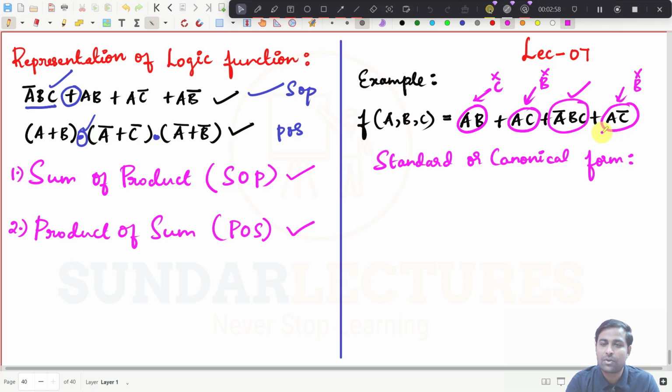If you don't have canonical form, then you have to convert the Boolean expression into canonical form. So that is why we call these functions not in the canonical form or standard form. This is in a general form, right? What we need to do now, we have to get this Boolean expression into canonical form. That is the whole idea.